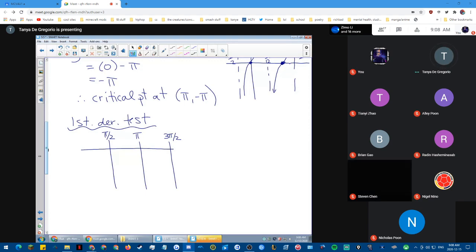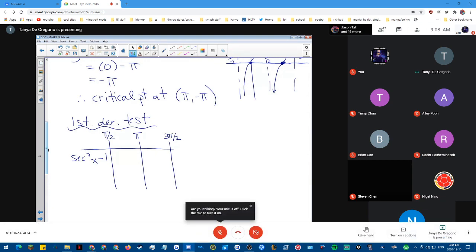All right, and I have secant squared of x minus 1. So between pi over 2 and pi, is this function positive or negative? So how would you figure that out? Well, remember secant squared of x is 1 over cos squared of x.